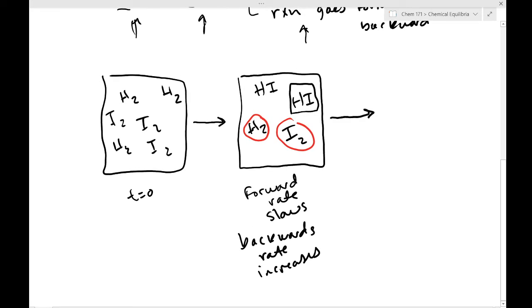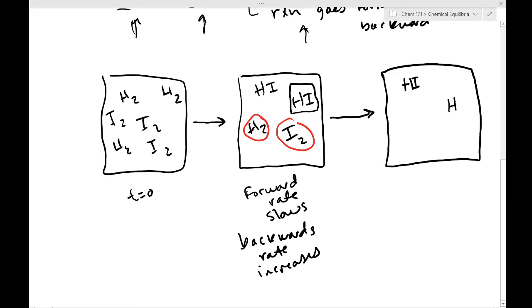Eventually, if you wait long enough, you reach a state where the forward rate... well, let's draw our molecules in here first. Let's say we have 2HI, whatever, it doesn't really matter. Some amount of HI and some amount of H2 and I2 still in the system.